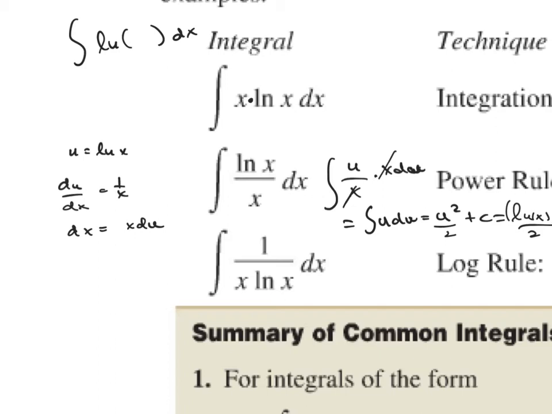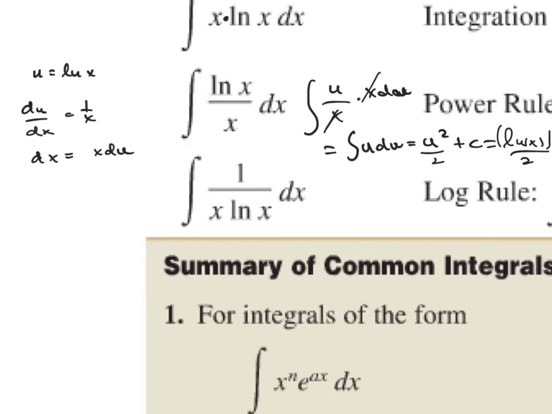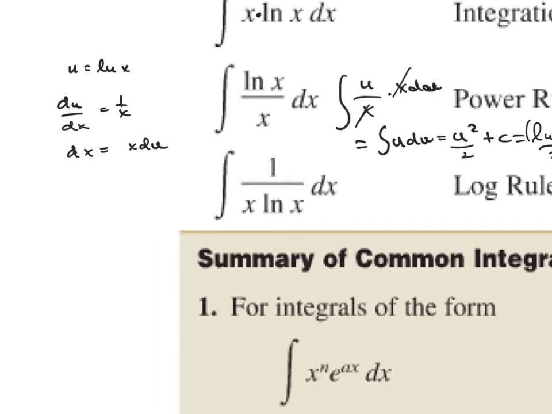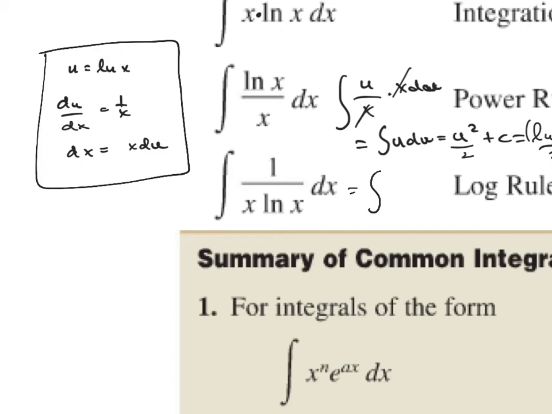But on this one, I have natural log on top and x on bottom. If both are on top, you're going to use integration by parts. If both are on bottom, x and natural log of x, you're actually going to use the log rule. Do the exact same thing we did over here with that u substitution, with u equal to the natural log of x. Well, this would be the integral of 1 over x times u, right?